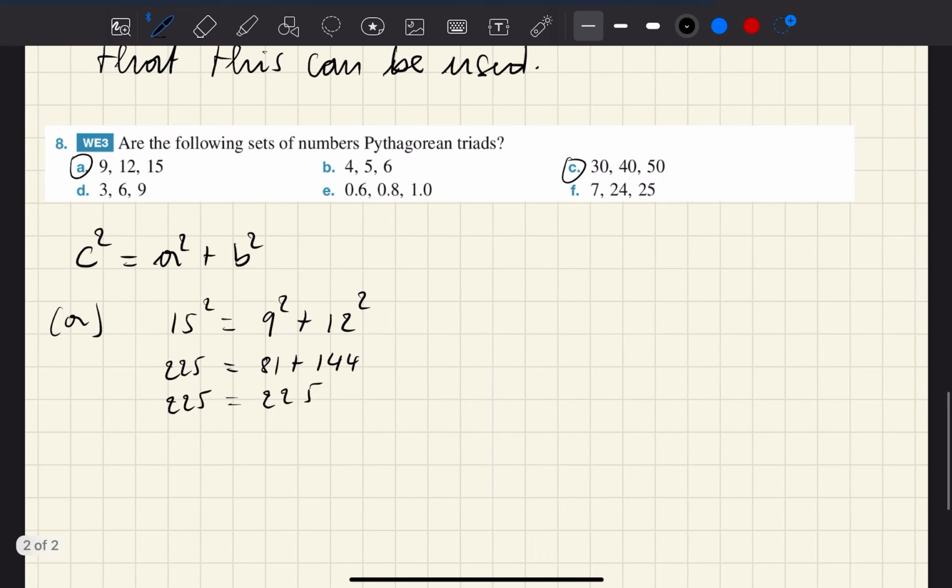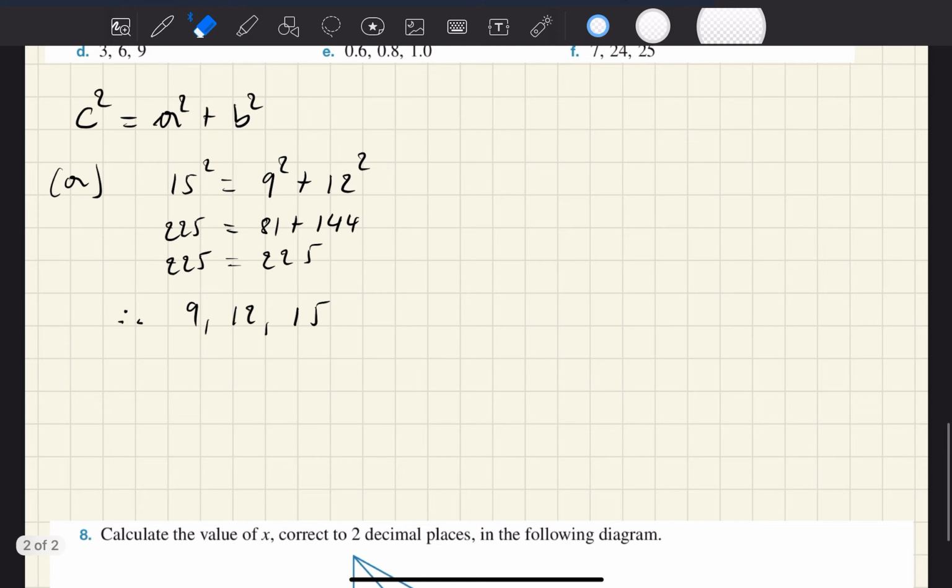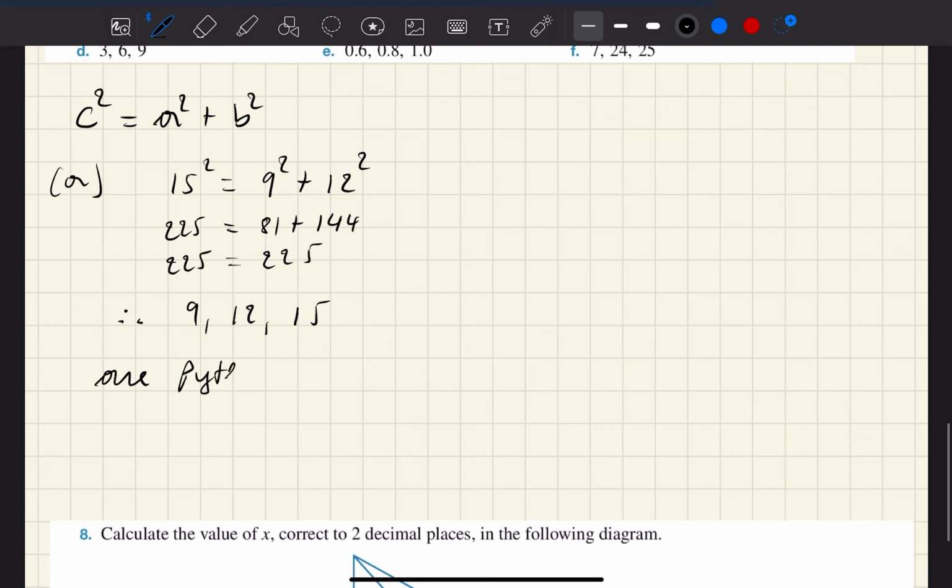Since they are equal, therefore 9, 12, 15 are a Pythagorean triple.